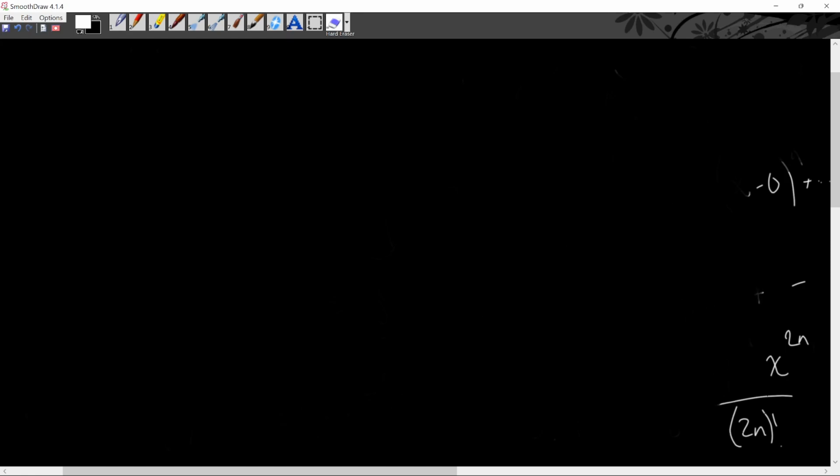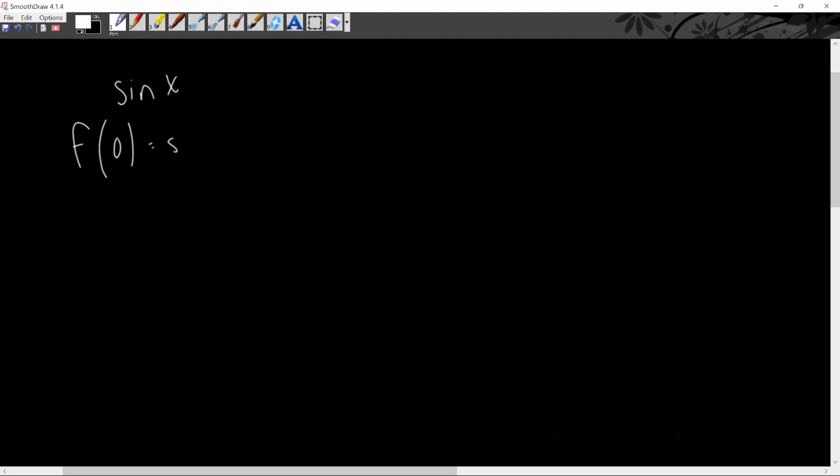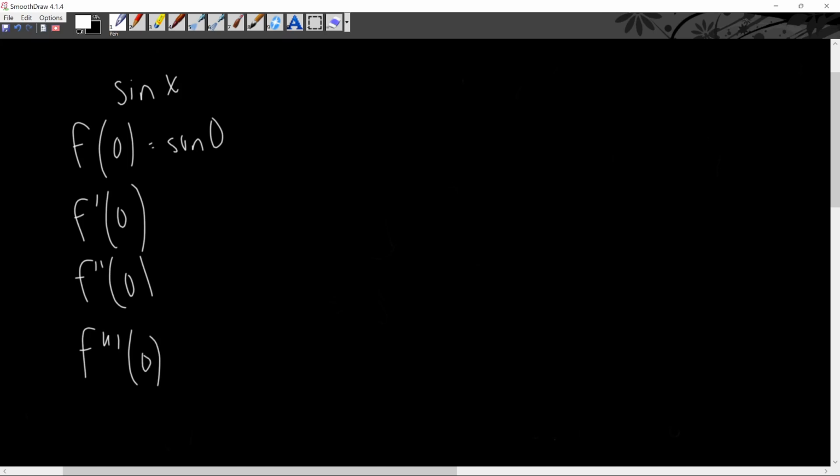Let's see what sine looks like. We have sine x. Again, sine x is going to be centered around 0, so we have f of 0, so sine 0, and then we have f prime 0, f double prime 0, f triple prime 0, and then the fourth derivative at 0.